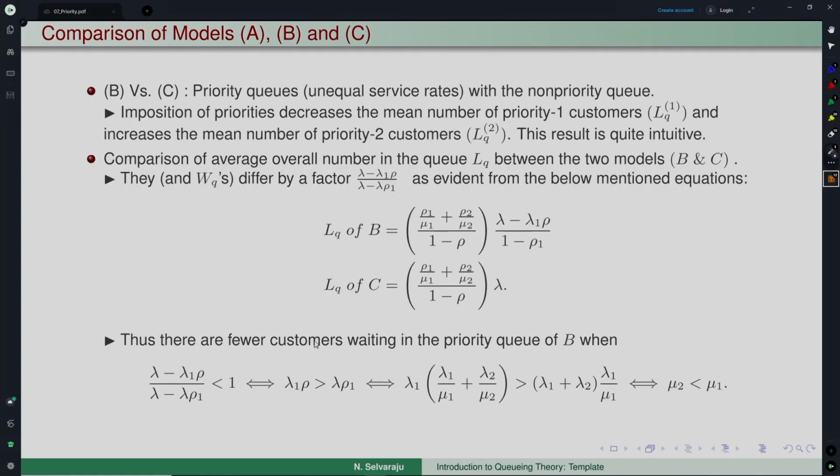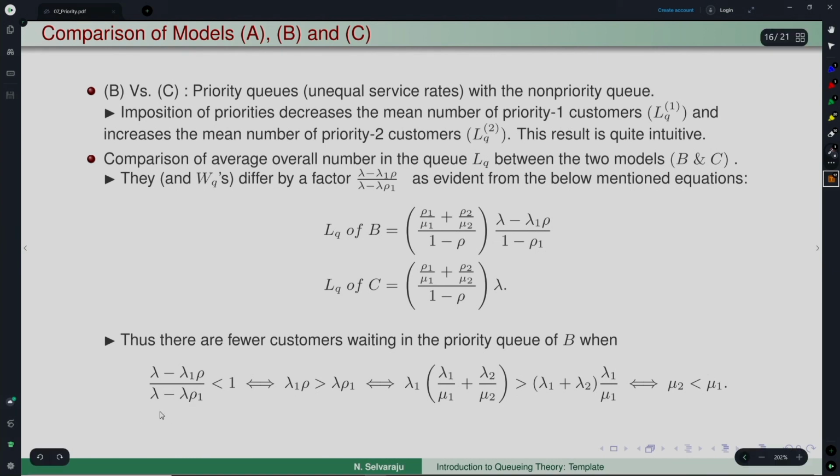So, basically you have to look at what idea you can get from here. So, this is LQ of B, which is the priority model, and LQ of C, which is the 2 class model with no priority. Both of them have 2 rates basically. Now, if this factor is less than 1, that means the overall number in the queue in the priority model will be less than the non-priority one.